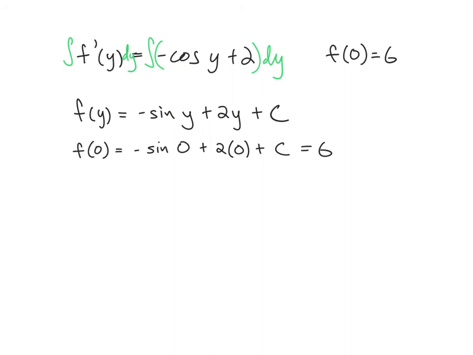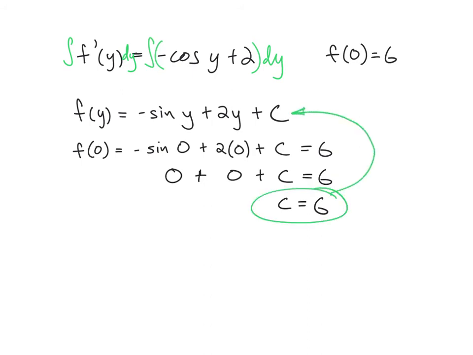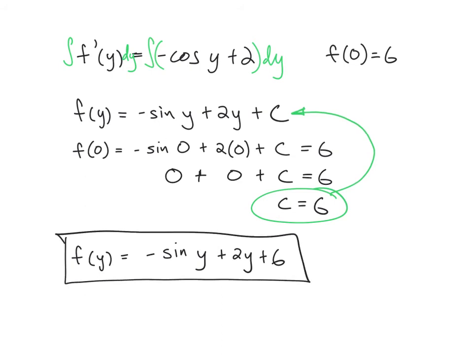The sine of 0 is 0. 2 times 0 is 0, plus c equals 6. So that just tells us that c equals 6. We take that value, we substitute it back into c for the original function, and we get our final answer, f of y equals negative sine of y plus 2y plus 6. And here's what the original function is.